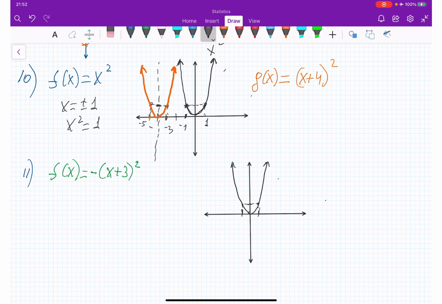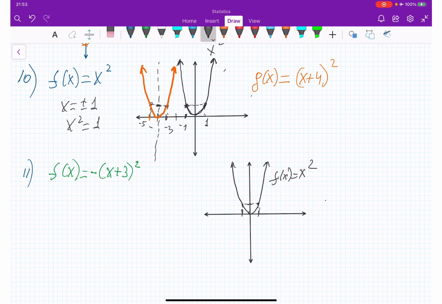So this is f of x is equal x squared. Now we're going to build negative x plus 3 squared. Because it's negative, my y is going to be negative, which means this graph is going to flip down, because right now the graph is completely in the positive y area.